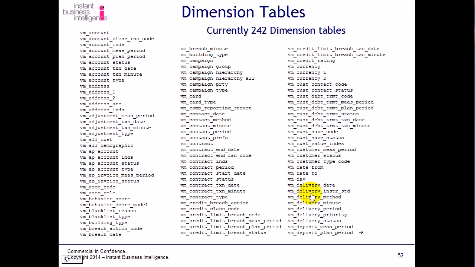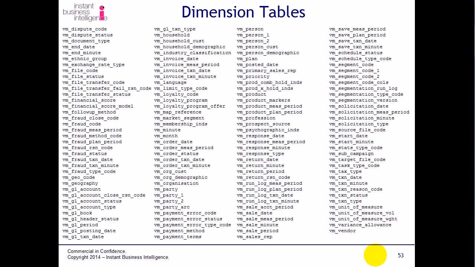Delivery date, delivery instruction standards, delivery method, delivery priority, delivery status. Okay. Now the rest of them we'll go through.